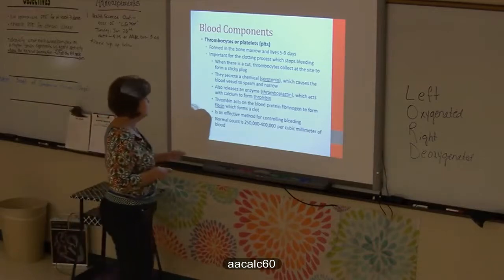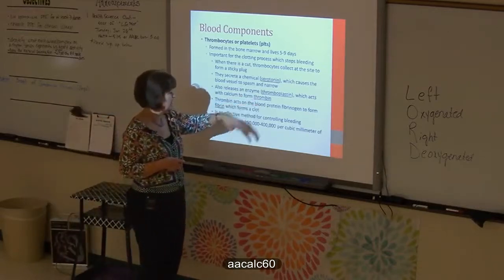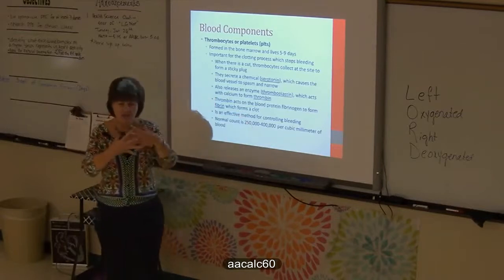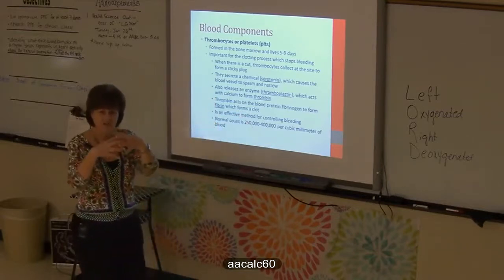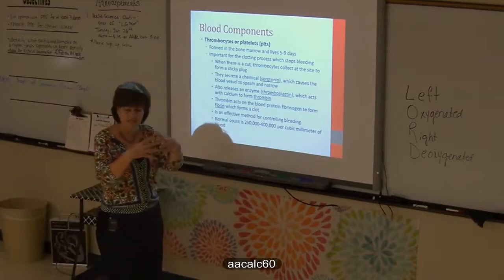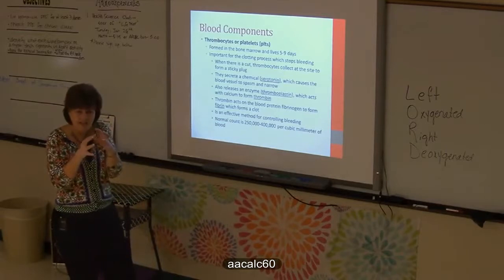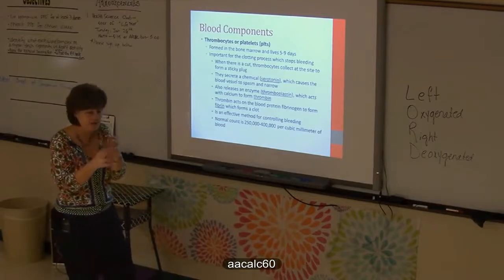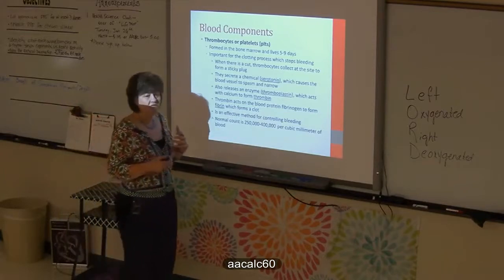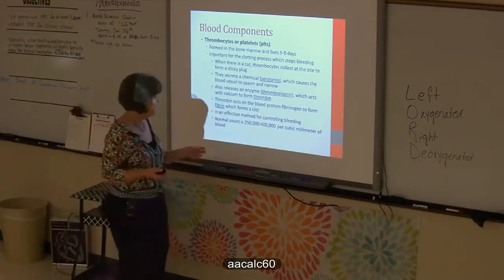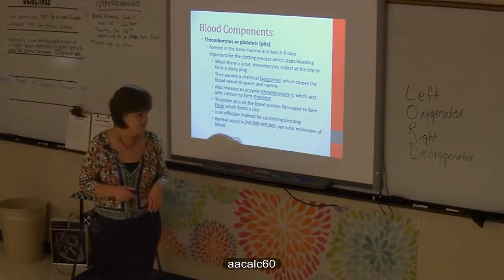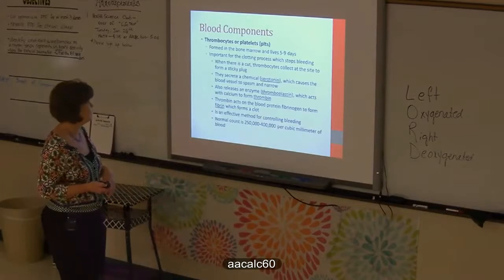It also releases another enzyme that forms a substance called thrombin and fibrin, and that sort of starts to create this net of substances, thrombocytes and platelets and cells and those kind of things, to create that stoppage, to keep that from bleeding. It's very effective for most injuries. Some it's not; they have to have a little help. And there's about 250 to 400,000 per cubic millimeter of those.